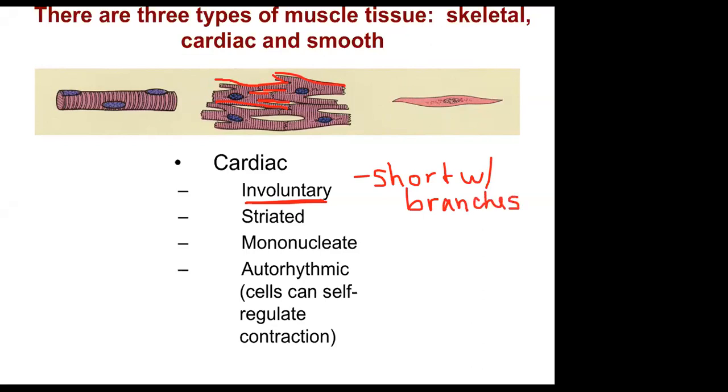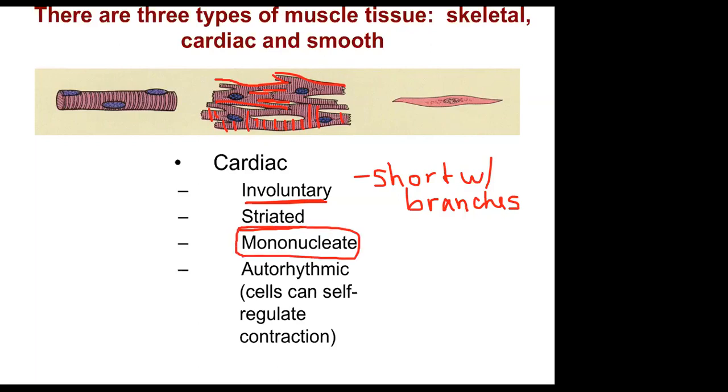One of the things you will notice is that the cardiac muscle has the same striation pattern. So we see the same stripes occurring, and that's because the proteins that cause contraction are the same within skeletal and cardiac tissue. That's important to note. Because these cells are smaller, shorter than skeletal muscle, they are mononucleate.